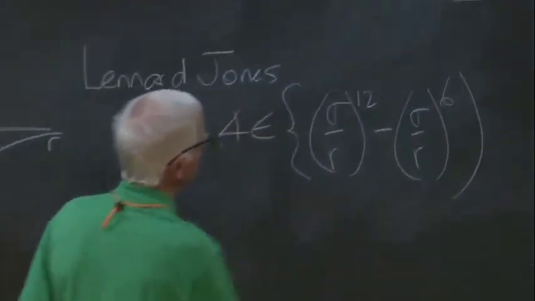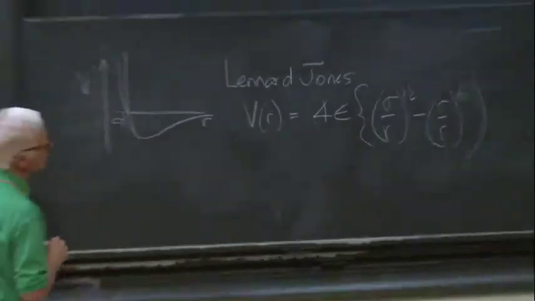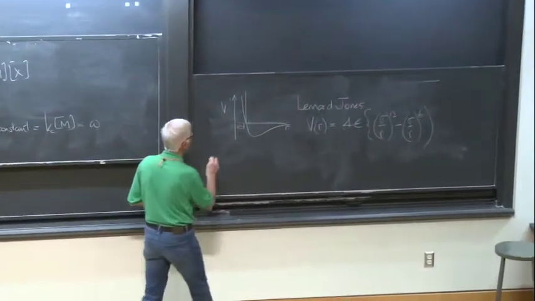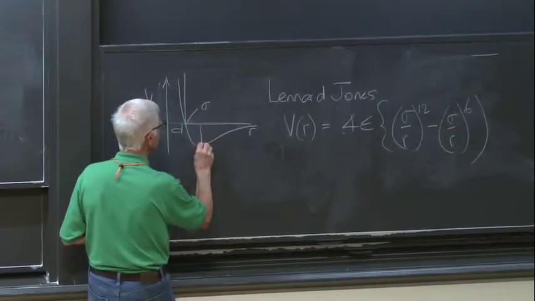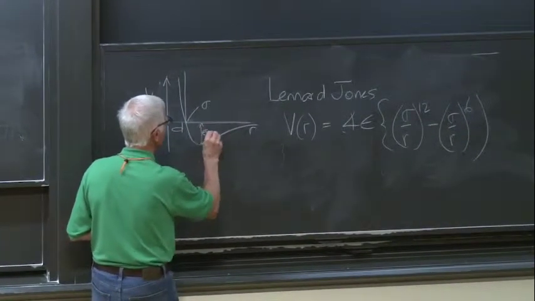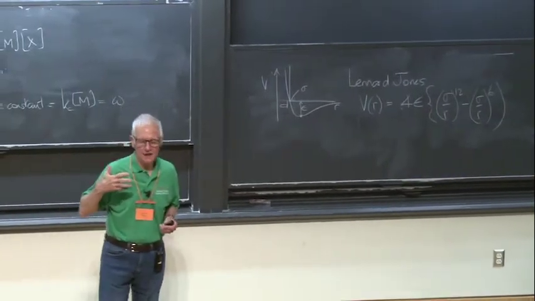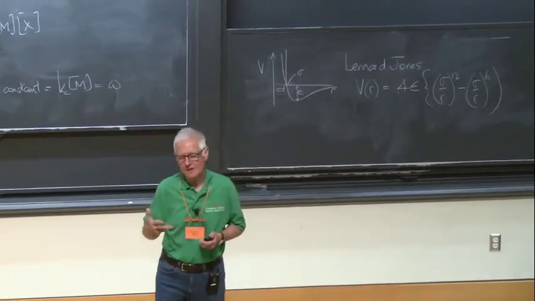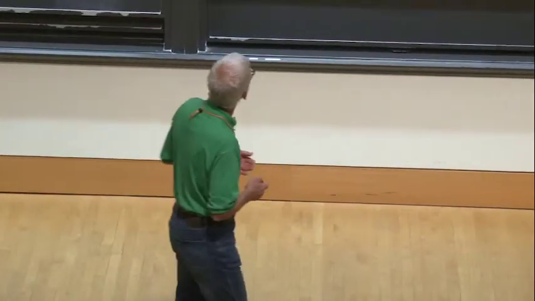That's the attractive term going as R to the minus 6, and that's the repulsive term going as R to the minus 12. That's sigma, and the depth of the well is epsilon. You can determine sigma and epsilon using high-level theory, or you can get them from transport properties of molecules, from the viscosity or diffusion coefficients.